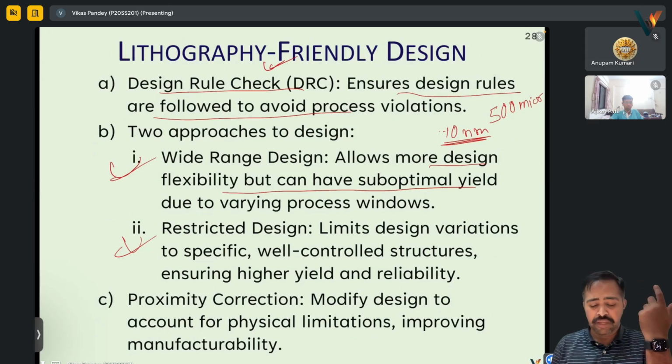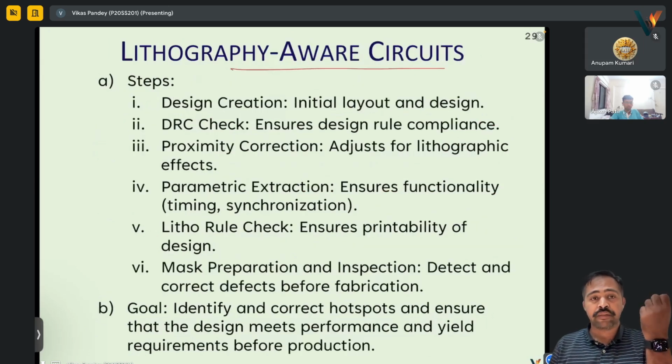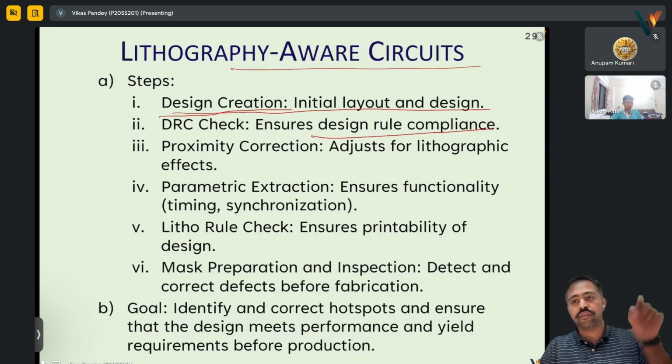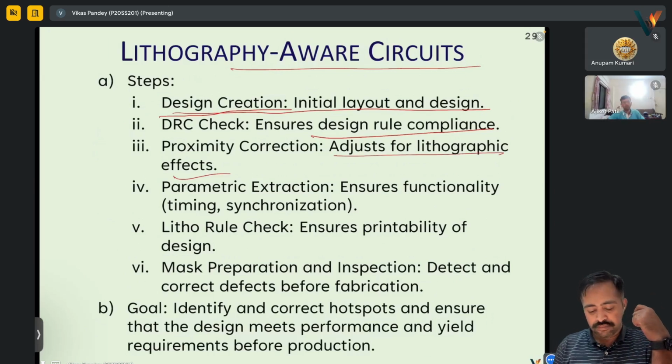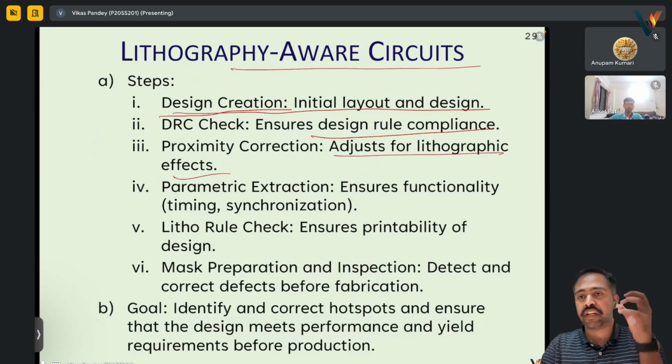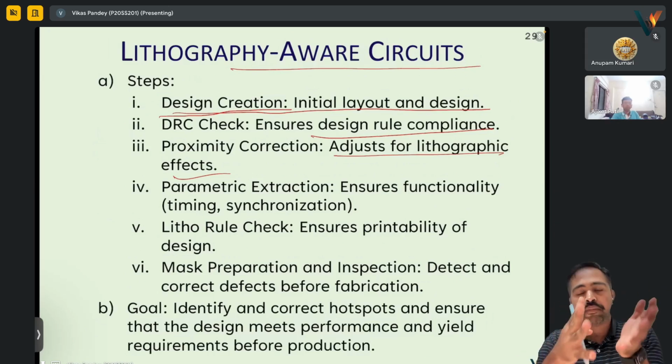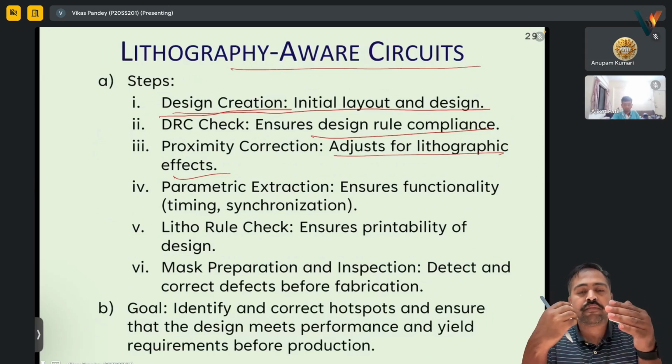How do we make the lithography aware circuits? First we design the initial layout, then do the DRC check, that is, whether we are following the design rule compliance or not. Adjust for lithography effects, that is diffraction, interference, and these things, like if it is too close, it might get diffracted, or it has some crossover.